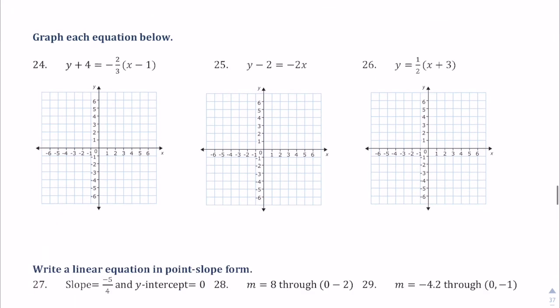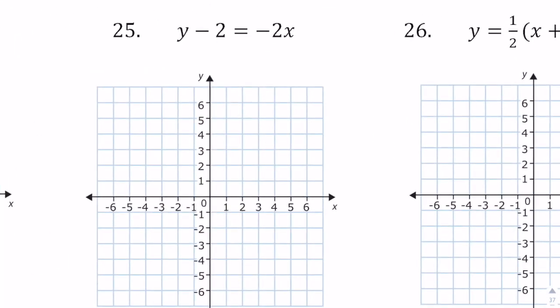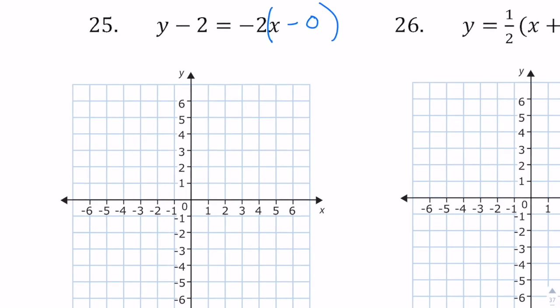So let's do at least one more example. Let's even jump right to the slightly tricky example in 25. Now notice I don't see parentheses on this side, so we could almost imagine a parentheses minus 0 here, which would tell us that our point has an x value of 0, and the y value isn't negative 2, it's the opposite, it's positive 2. So 0, 2 is our initial coordinate.